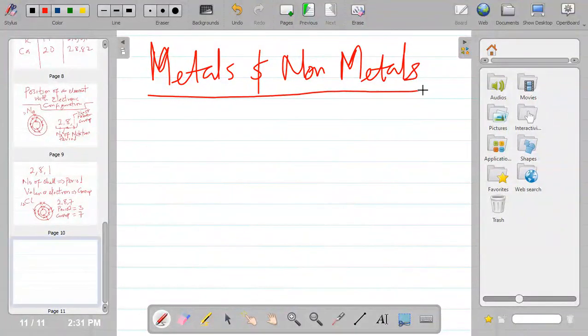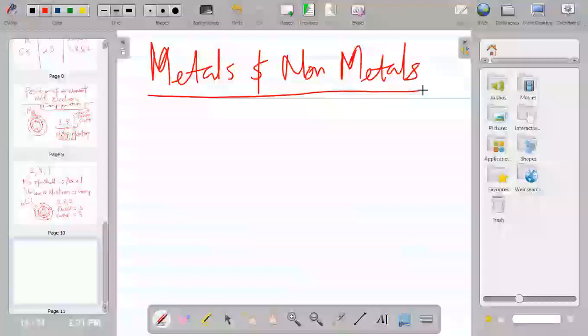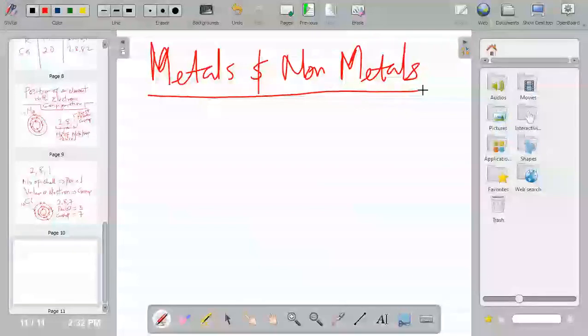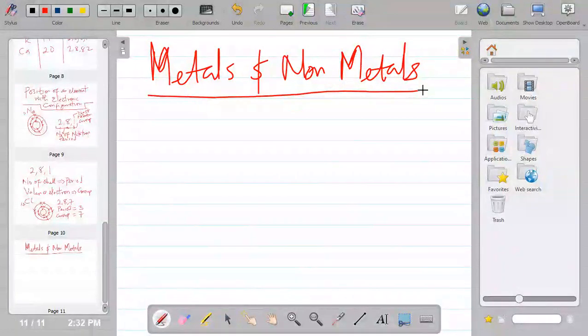Now, we can deduce the property of an element by classifying it as a metal or a non-metal. When I say property, I'm talking about its acid-base character, its electrical conductivity, and whether it is electropositive or electronegative. All these properties, we can deduce by knowing if the element is a metal or a non-metal.